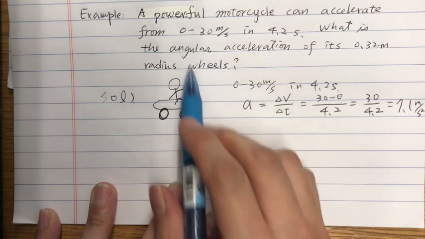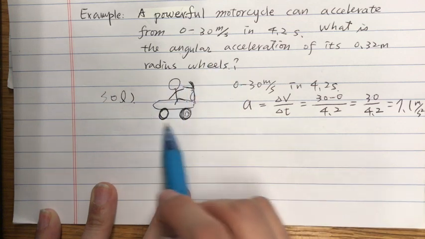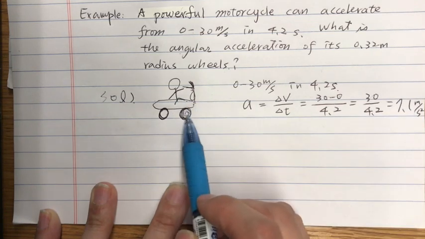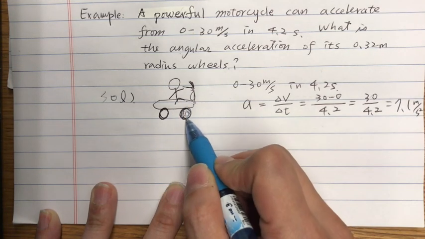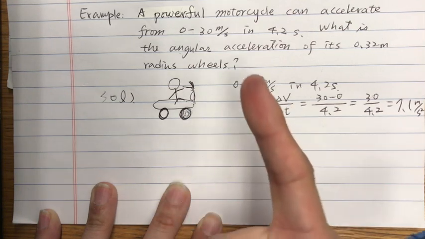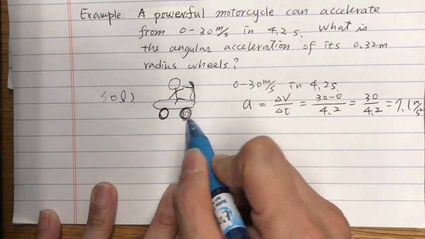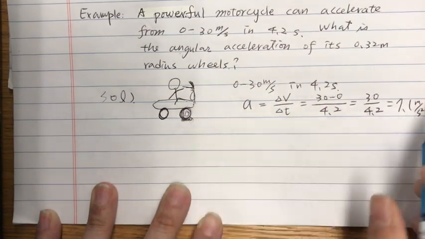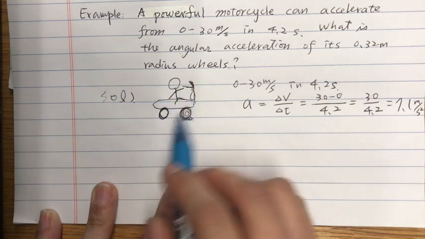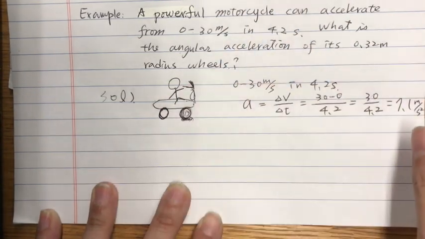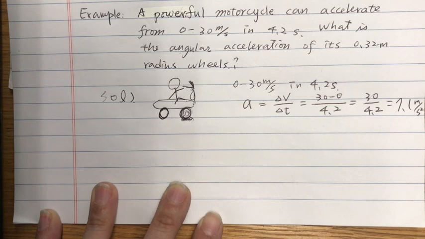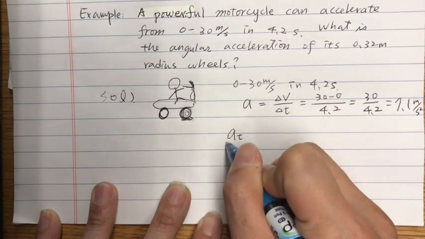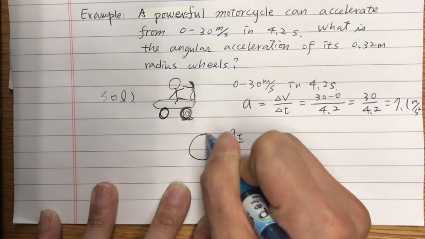So then let's try to make this connection. Since my motorcycle linear acceleration is 7.1, each of my wheels needs to have a linear acceleration in this direction of 7.1 to make my motorcycle accelerate as fast. So this linear acceleration is also the tangential acceleration on my wheel.